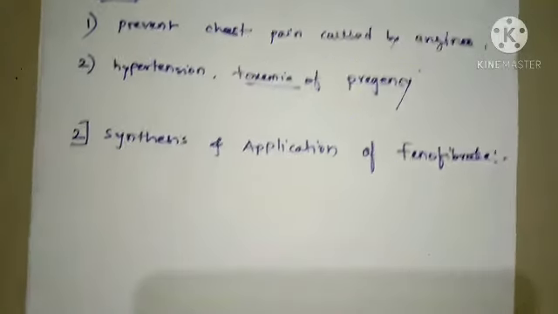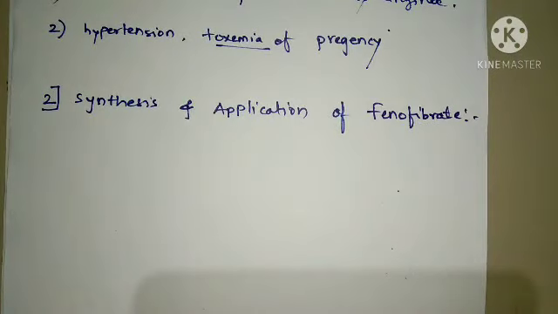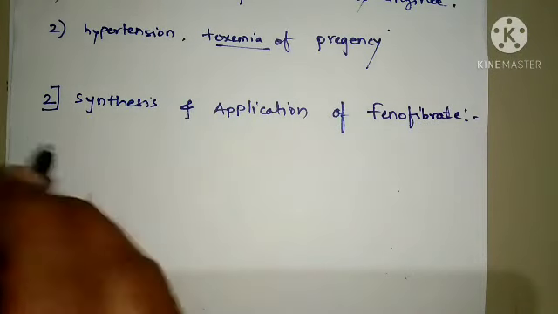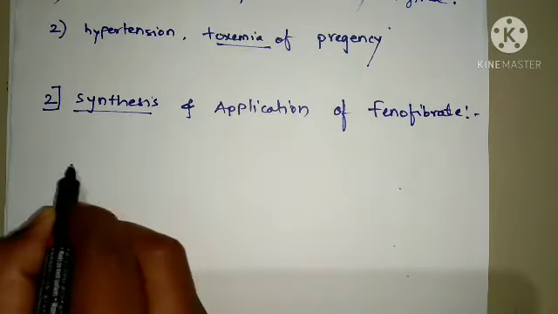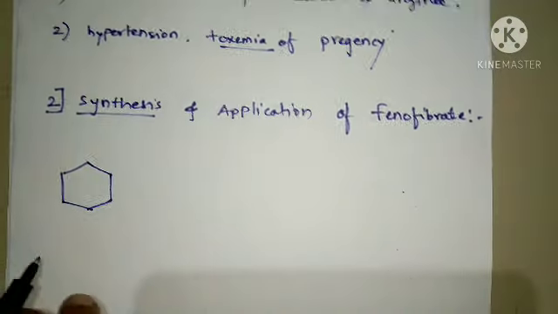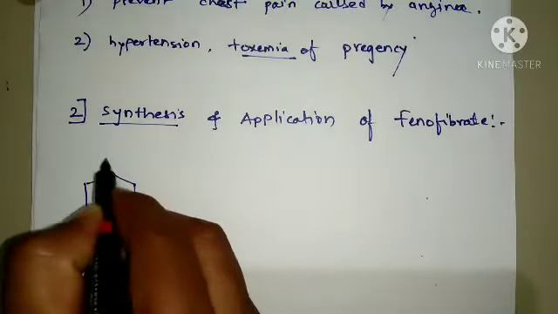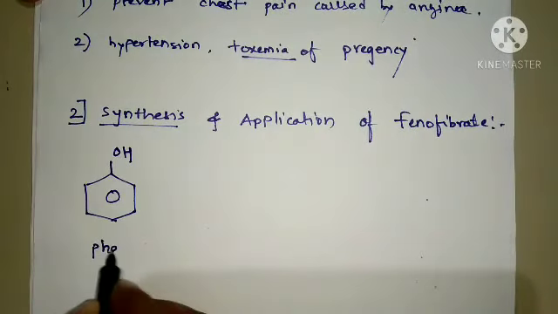Okay, let us see. For the synthesis of fenofibrate, we require two reactant molecules. The first one is phenol. As we know, a benzene ring attached to OH is called phenol.